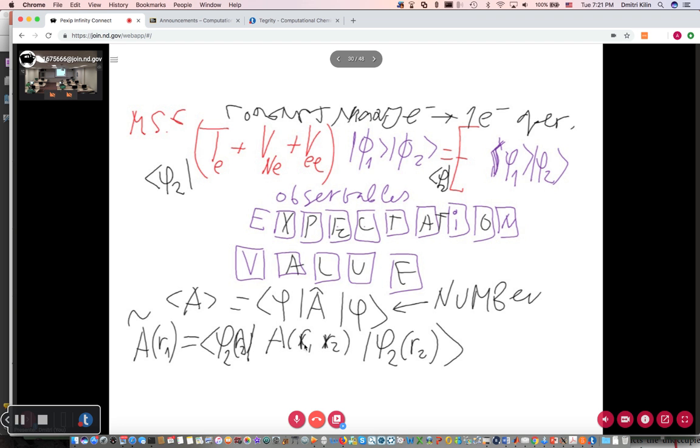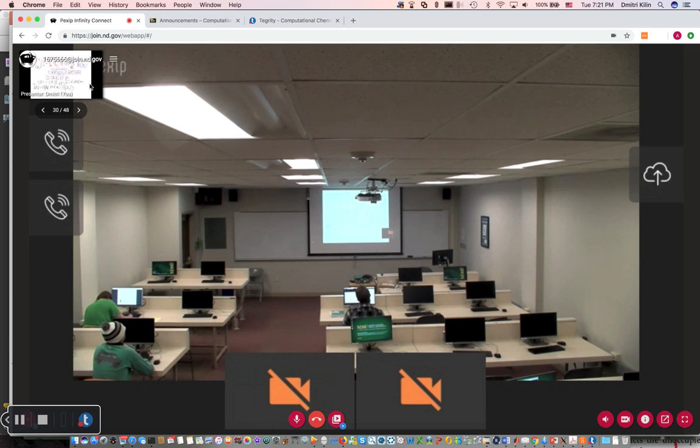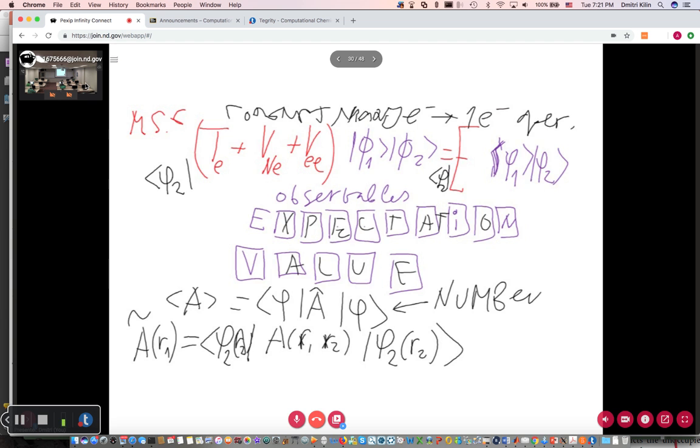If it depends on 2 independent variables, R1, R2, and we dress it with a wave function which depends only on the position of the second electron, then the resulting object will be not a number but a new operator that will act only on independent variable R1. Do you want to protest against this idea? Okay, good. No one protests. Means everyone is happy.